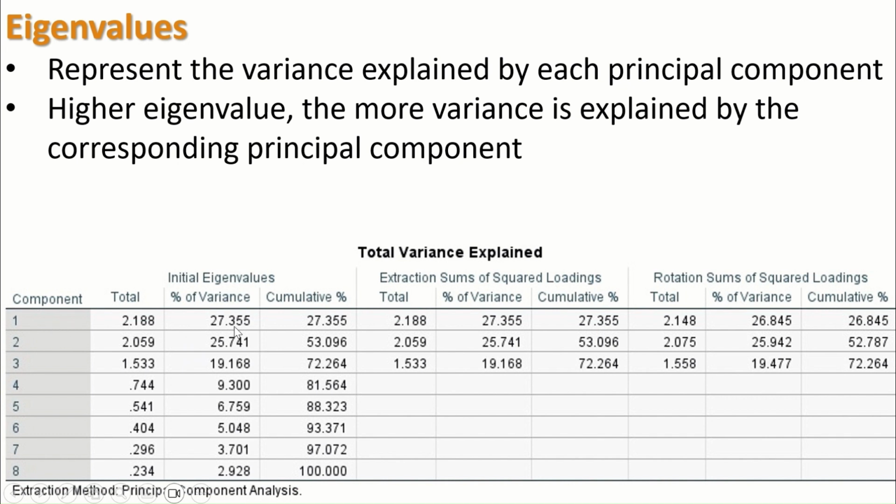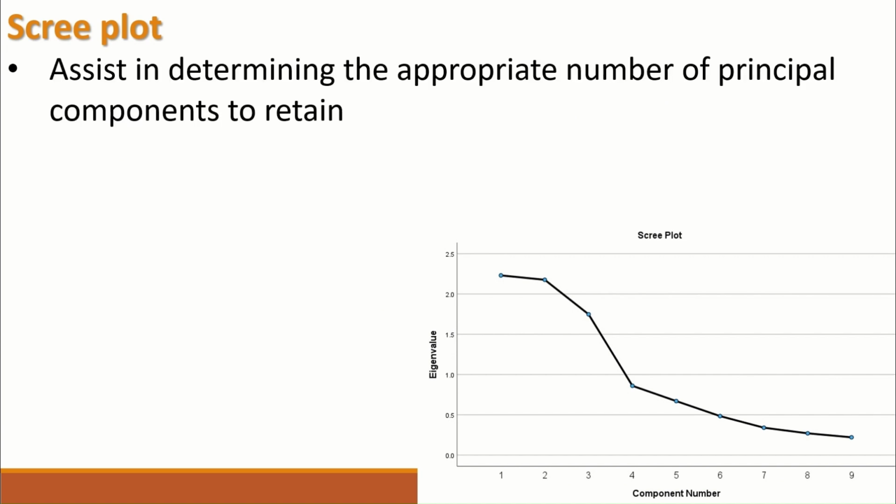Component 1 explains 27.3% of variance. The second component explains 25.7%. The third is 19.1%. The 3 components explain 72.2% of the variance.